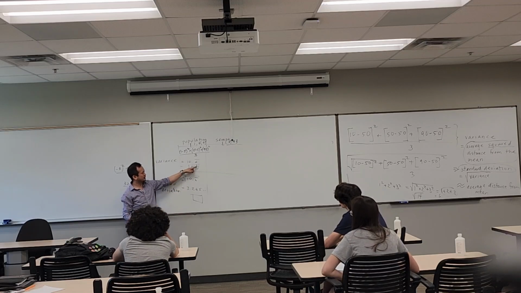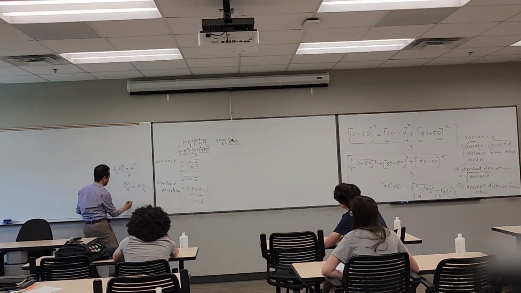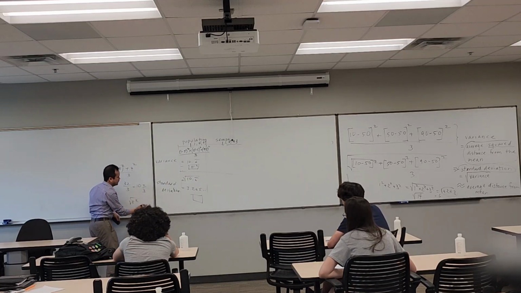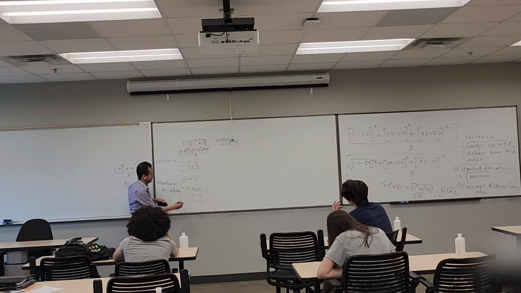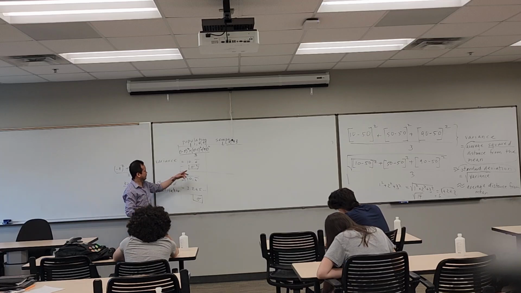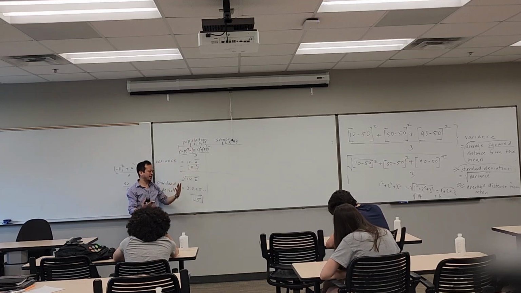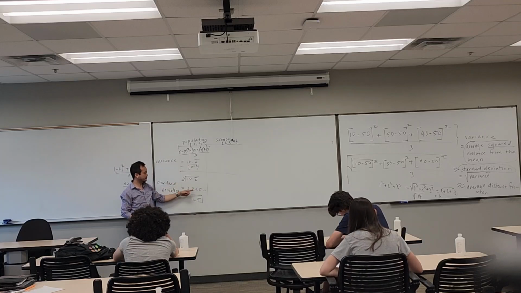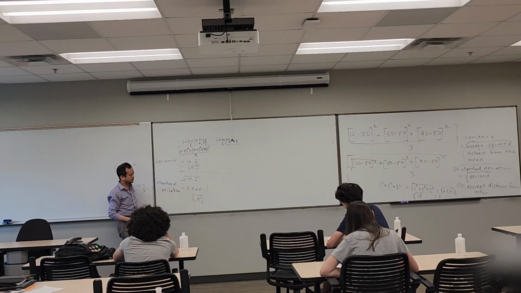So the square root and the squared will undo each other, and you're just going to get sigma. So the population standard deviation is just sigma. And that's the reason why the symbol for the population variance was chosen as sigma squared, so that you could have just sigma as the population standard deviation.